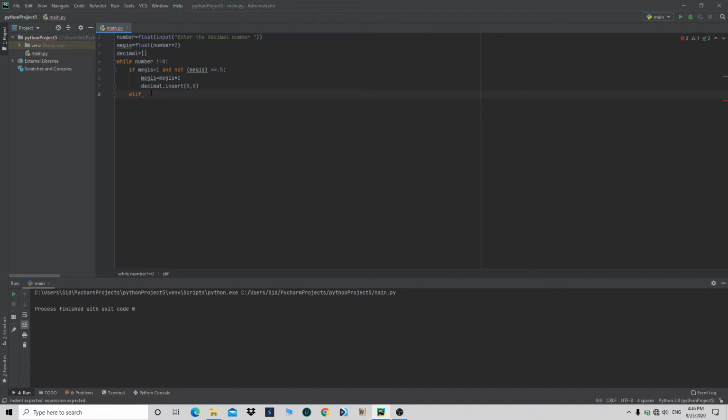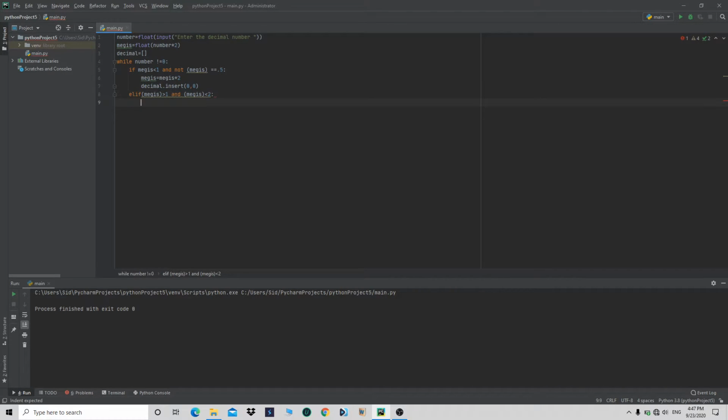And if the number is greater than 1 and less than 2, it cannot be greater than 2, since we are using numbers like point something. So it has to be this.